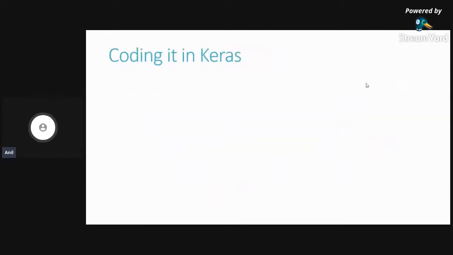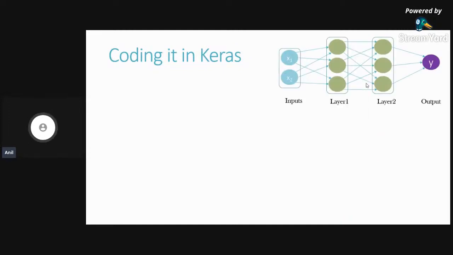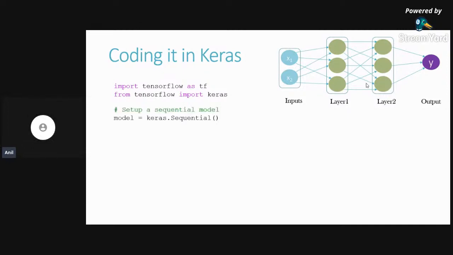So before that, let's see whatever we have done. Let's try to code it in Keras. Let's say this is the neural network that we want to code. To do that, we will first import Tensorflow, and then from Tensorflow we will import Keras.